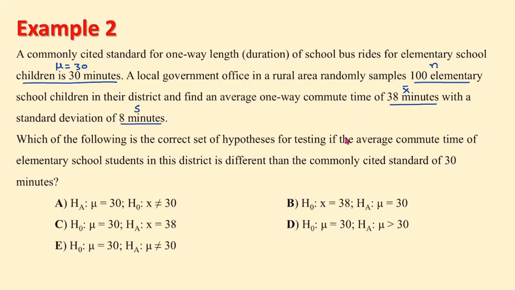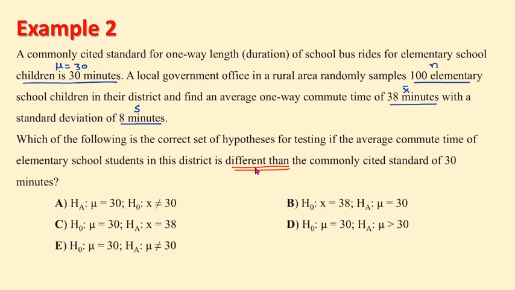We are not doing the complete hypothesis testing here, but what we are asked is which of the following is the correct set of hypotheses for testing if the average commute time of the elementary school students in this district is different. Here is the keyword, different than, the commonly cited standard of 30 minutes.